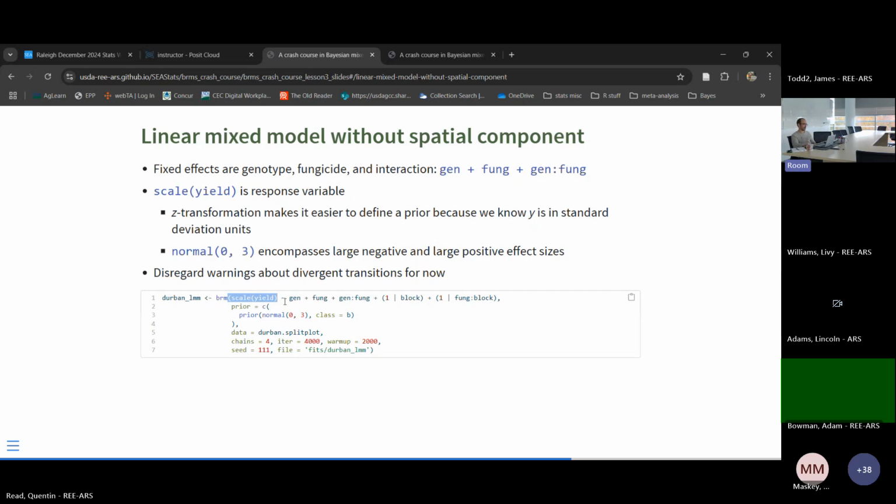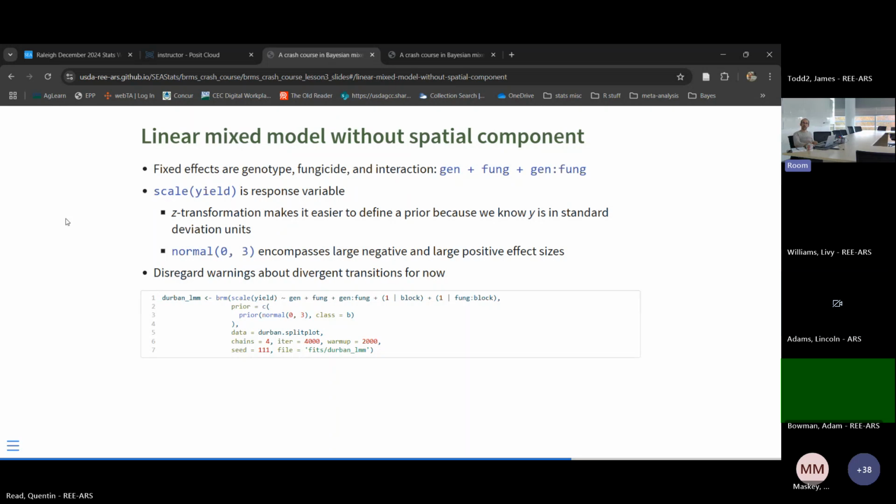Again, we do that for numerical reasons, but also because once we know that y is in standard deviation units, we can use a prior without having to think about what units the data are in. Is it in kilograms per hectare? Is it in tons per hectare? Doesn't matter. We can use a normal prior with a small single digit number for standard deviation, showing that we are encompassing fairly large negative and positive effect sizes with high probability.